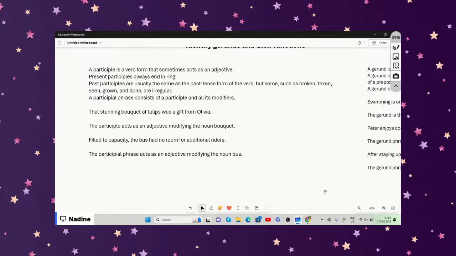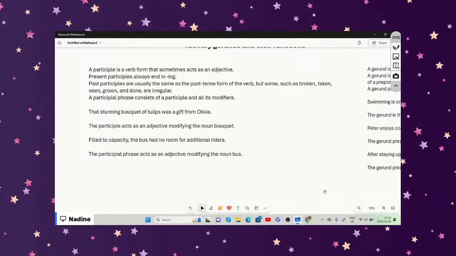So once again, a participle is a verb form that acts as an adjective. And then we have the present participle that always ends in ing. The past participle is usually the same as the past tense form of the verb, and I assume it is more like the regular past tense verb.